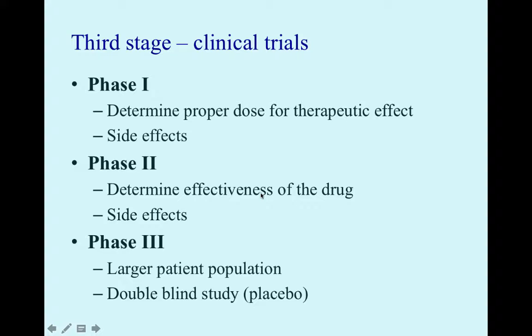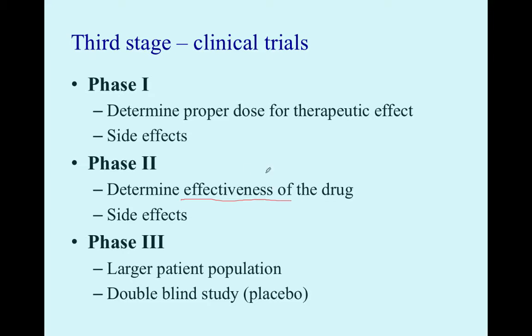After that second stage of animal testing, you go into the third stage, which is known as clinical trials. And this first trial, phase 1, is determining the proper dose for therapeutic effect. And you're also going to identify what the side effects are. If the drug passes this first stage, then you're going to move into the second phase, phase 2, and that's really to determine the effectiveness of the drug.